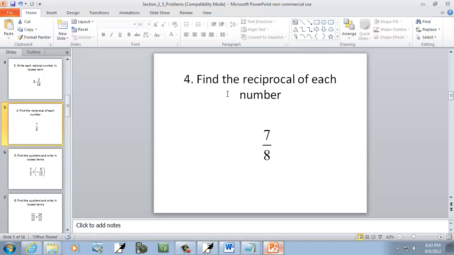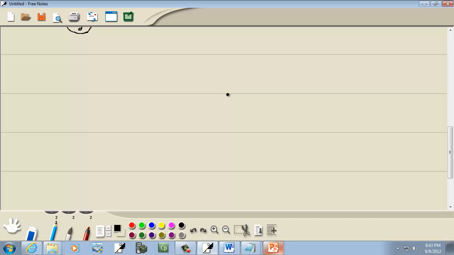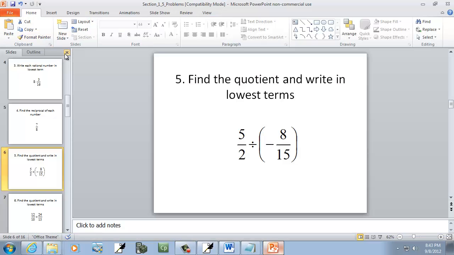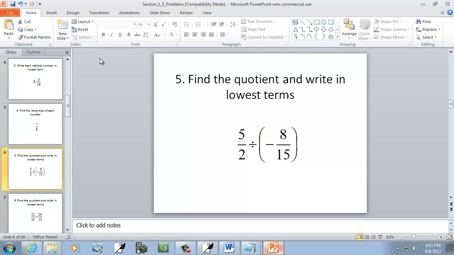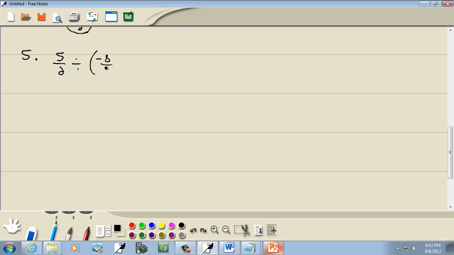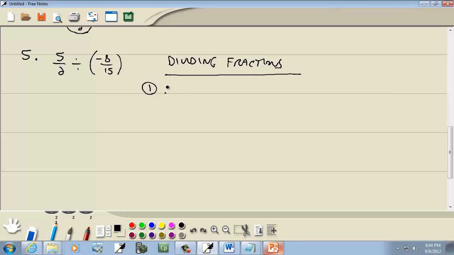Well, let's take a look at some division. We've got 5/2 divided by -8/15. And this is dividing fractions. Step 1: rewrite as multiplication.